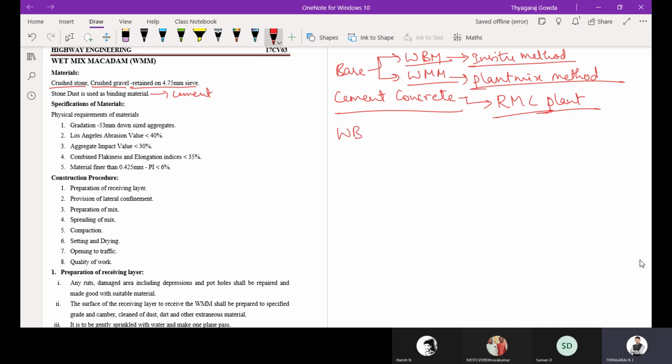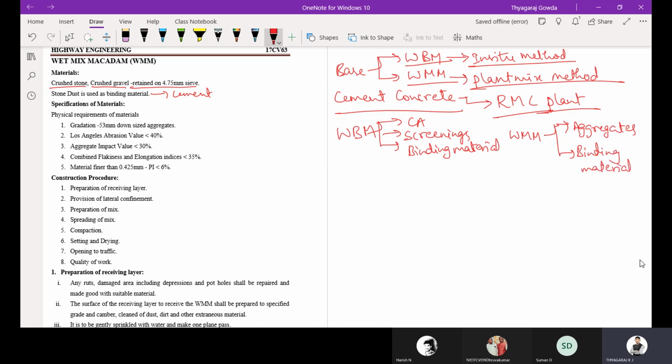In WBM we saw three types of material: coarse aggregate, screenings, and binding material. But in wet mix macadam only two are there: the aggregates and the binding material. You can use stone dust, that is quarry dust, or cement as a binding material.